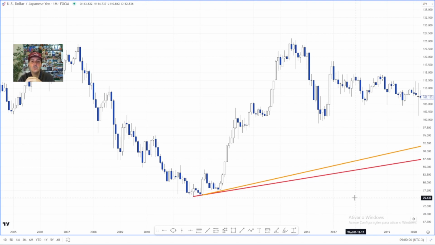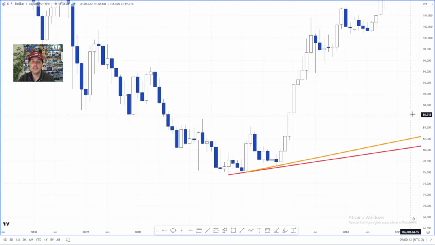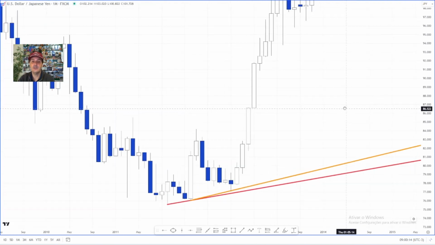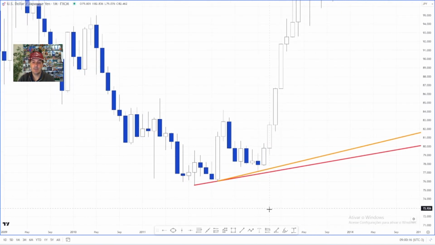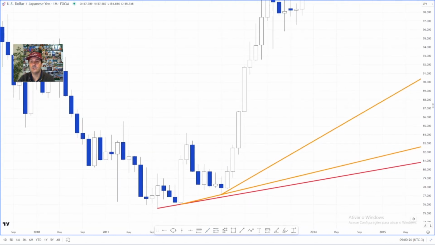Now, let's address what would be short term, all right? So we're going to zoom in, again, find the last low, and I'm going to go from this low. I'm going to click the mouse and draw the trend line.